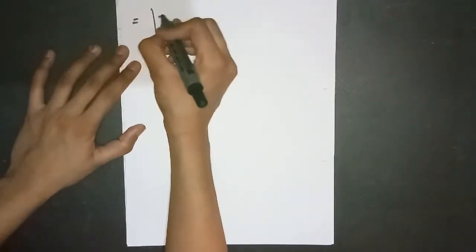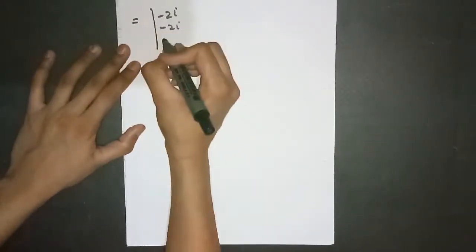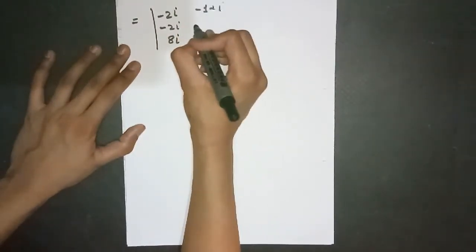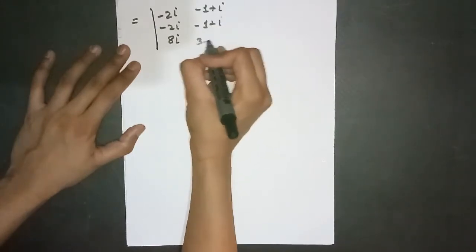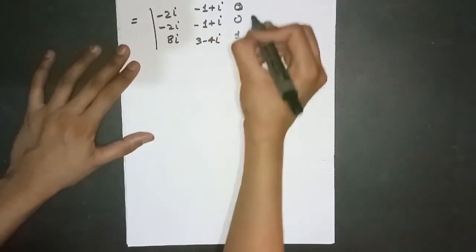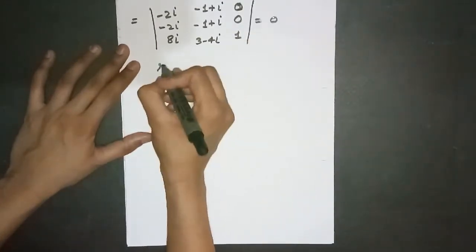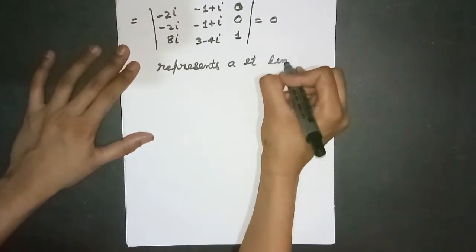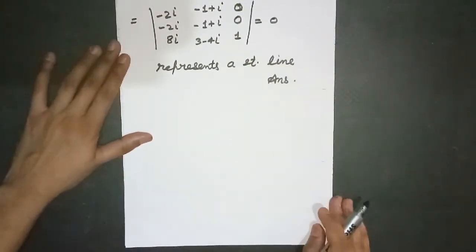So minus 2 iota, minus 2 iota, 8 iota, minus 1 plus iota, minus 1 plus iota, 3 minus 4 iota, 0 0 and 1. This is equal to 0. So this represents a straight line. So this is the answer, right?